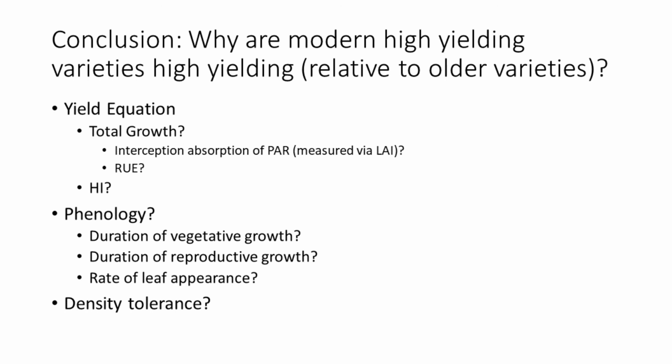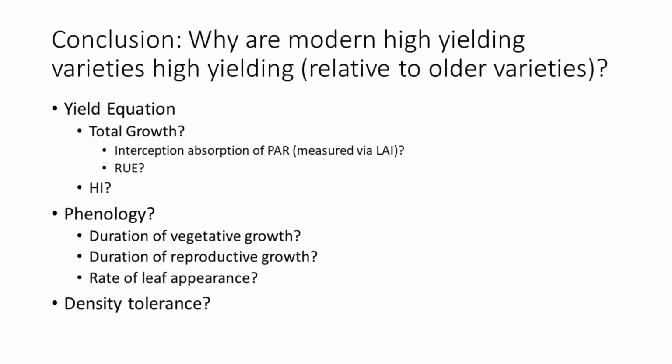Newer varieties have greater biomass accumulation, especially in that later part of grain fill, and that's attributed to increases in radiation use efficiency, not so much changes in interception or absorption of photosynthetically active radiation as we measured via LAI. It's really this increase in radiation use efficiency that's driving this increase in total growth, total biomass.